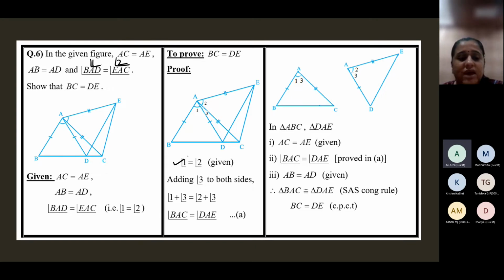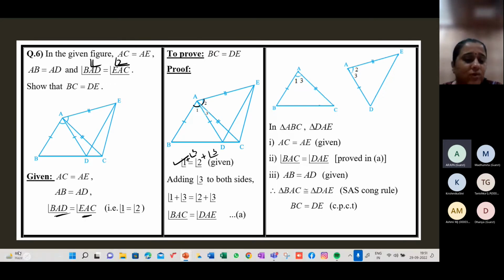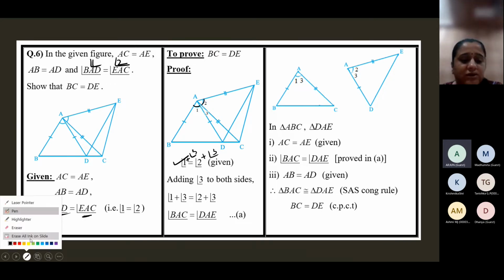So write that angle 1 is equal to angle 2, given. BAD is this one, EAC is this one. Angle 1 is equal to angle 2, given. Add angle 3 to both the sides. Angle 1 plus 3 is equal to angle 2 plus 3.